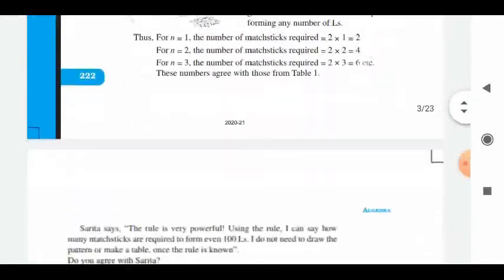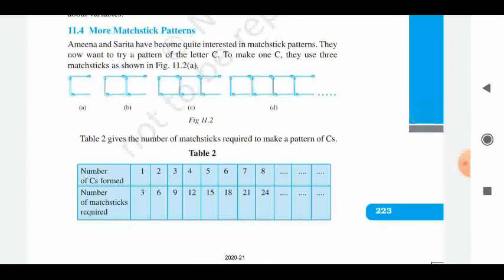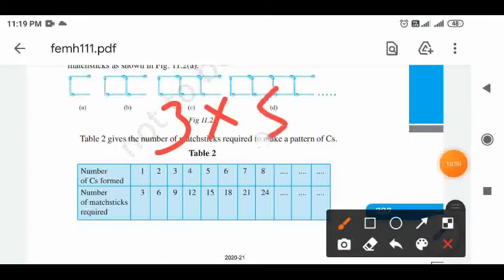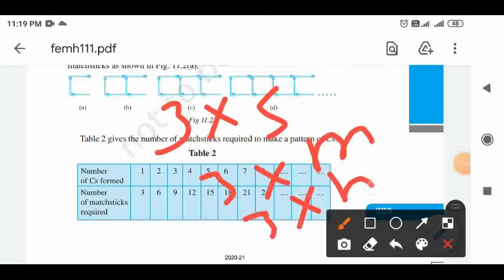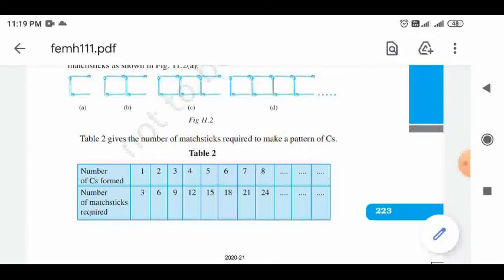Okay, so like that, if you see how many mastics are needed, there are 3. So what you can write is 3 into S, 3 into M, 3 into N, 3 into X. So here S, M, N, X are variables because they change.